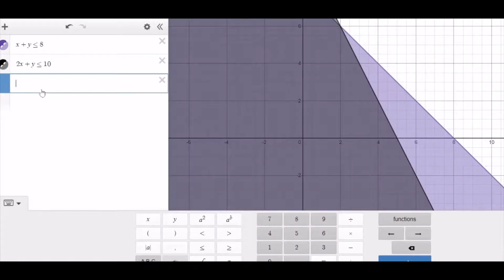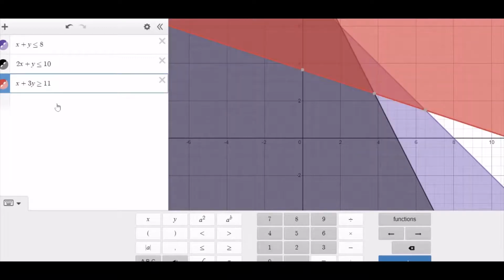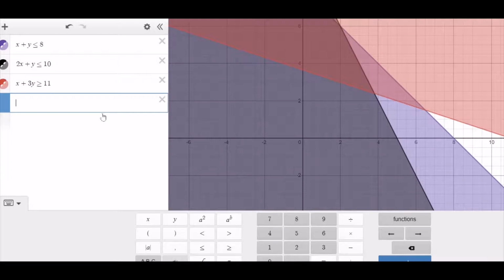Our next constraint is x plus 3y is greater than or equal to 11. And finally x is greater than or equal to 0, y is greater than or equal to 0.